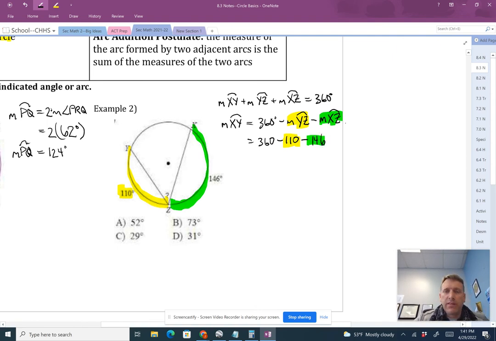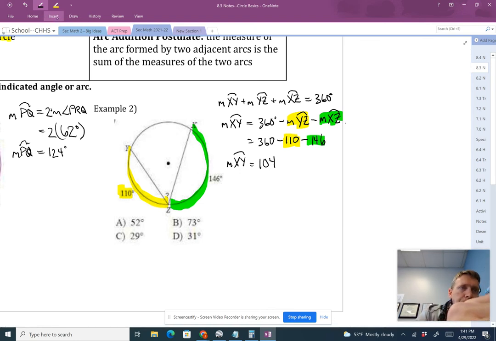And so we plug that into our calculator. We see 360 minus 110 minus 146, and we get 104. And so that's the measure of arc xy.